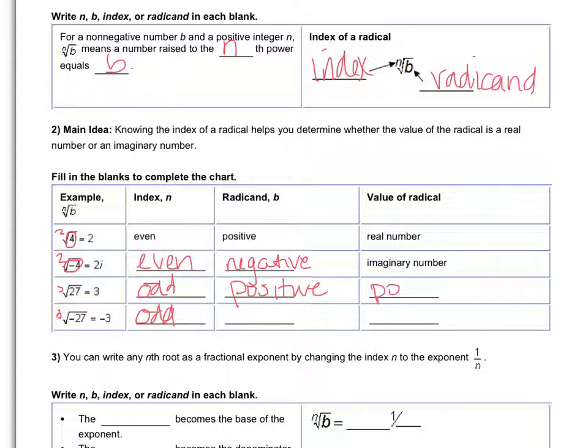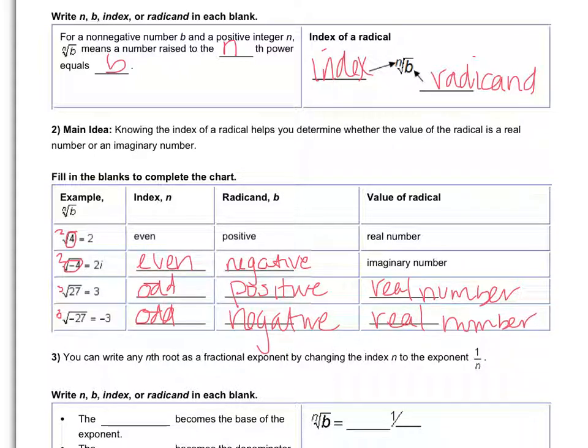It was a real number. And when I take the cube root of negative 27, I get negative 3, because negative 3 times negative 3 times negative 3 is going to give us negative 27. So this time my radicand was negative, and the value of the radical was a real number.